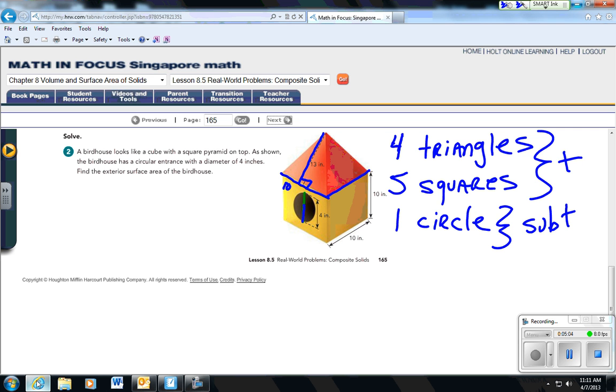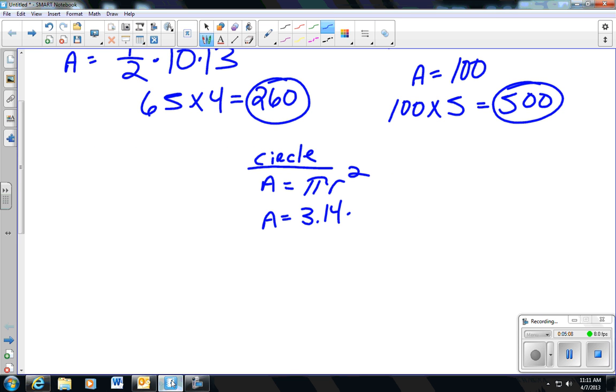So halfway across, of course, would be 2. So our radius is 2. So 3.14 times 2 squared. And when we get the answer for the circle, we get area equals 12.56. Now we take all three of those numbers.